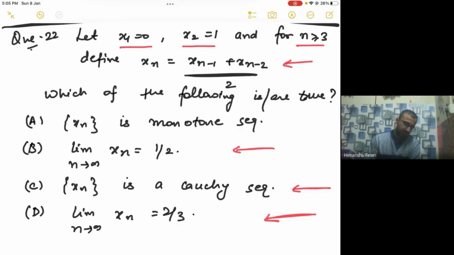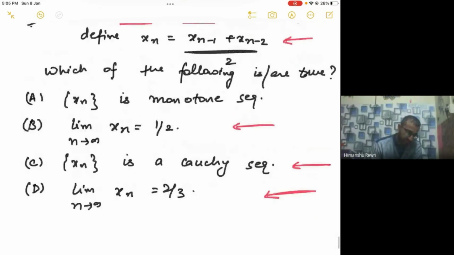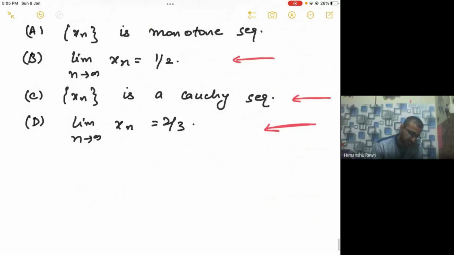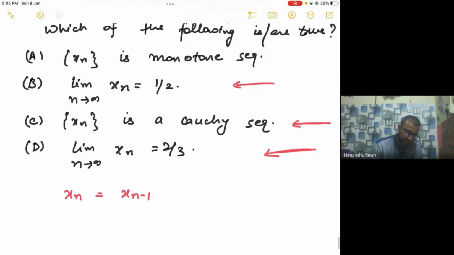Yes, how will we do it? So xn is (xn minus 1 plus xn minus 2) by 2.